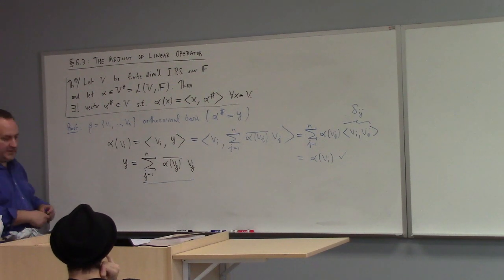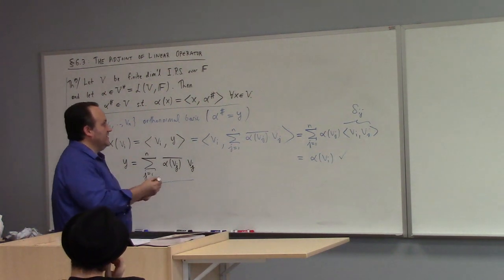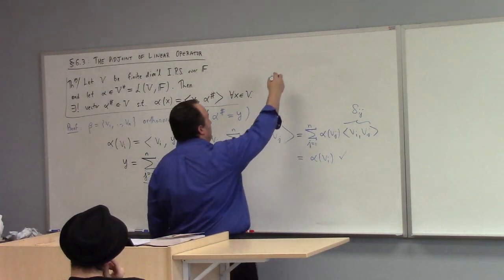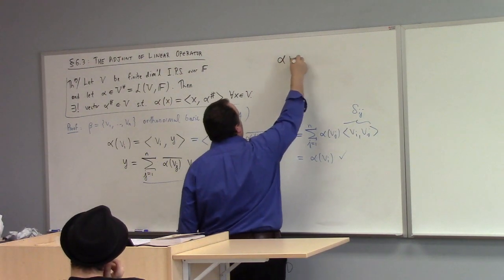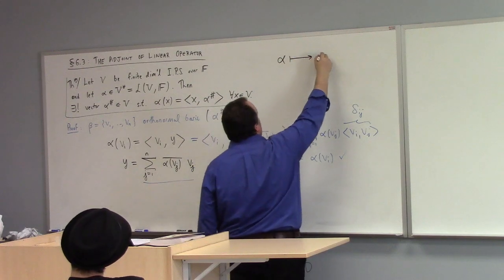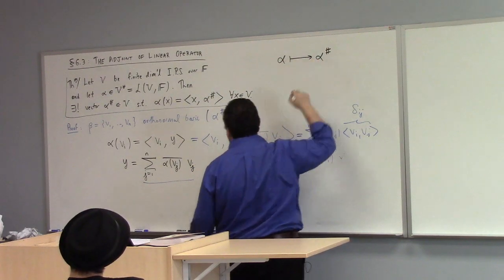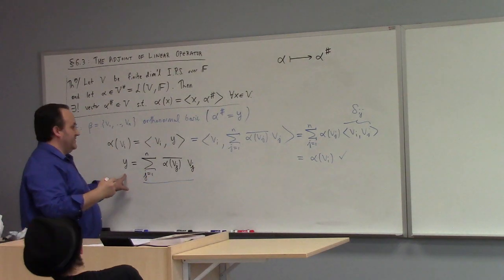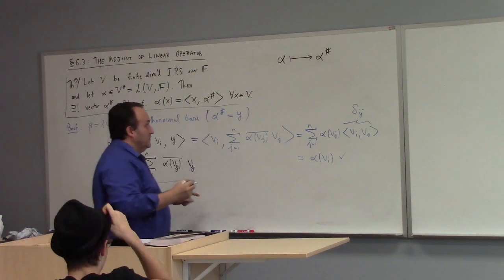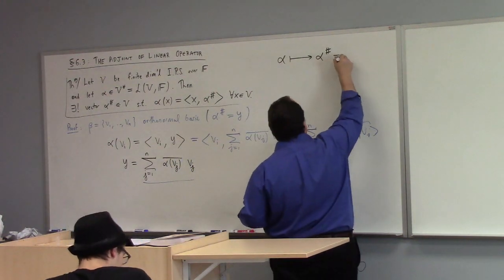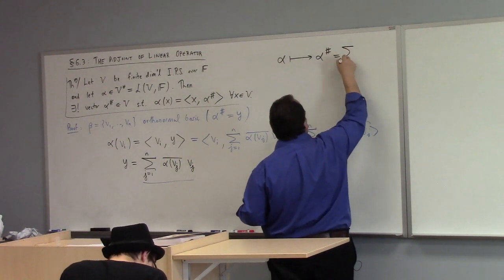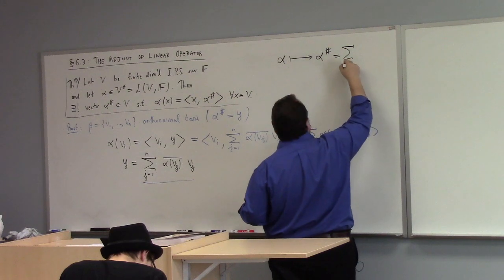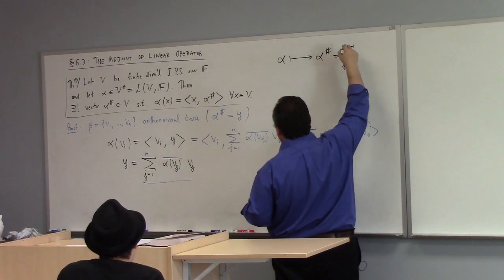All right, so there's that. The interesting thing is the mapping: alpha maps to alpha sharp, where alpha sharp is defined to be the sum over, in our current setup, this.